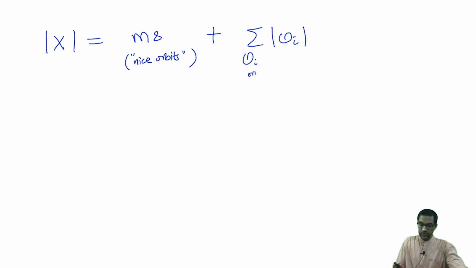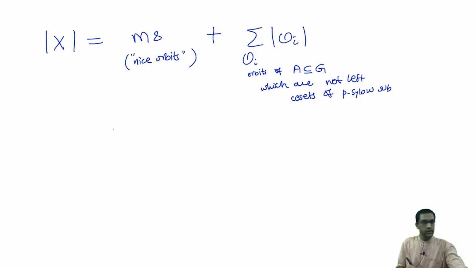So this is orbits of subsets A, which are not left cosets of P Sylow subgroups. So these are the not so nice orbits, and so what this gives us is ms plus what we have here, we have just shown, is divisible by P, right?